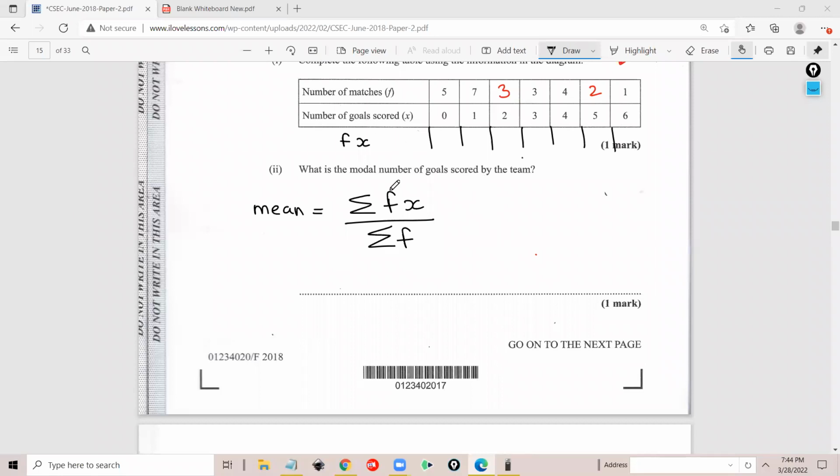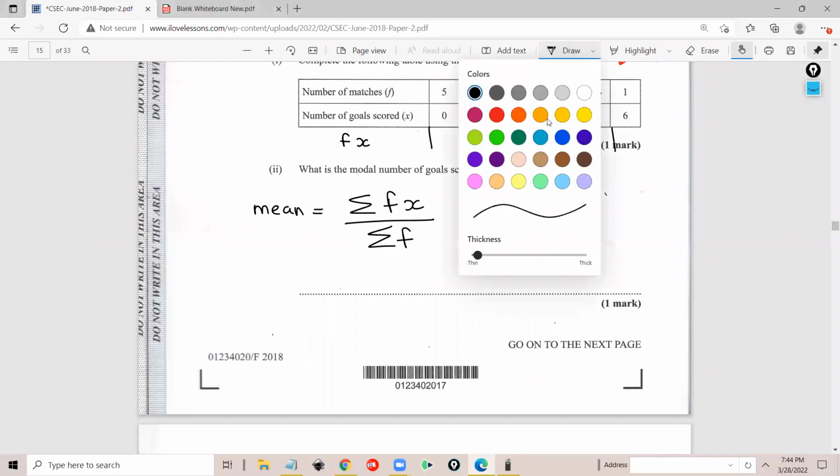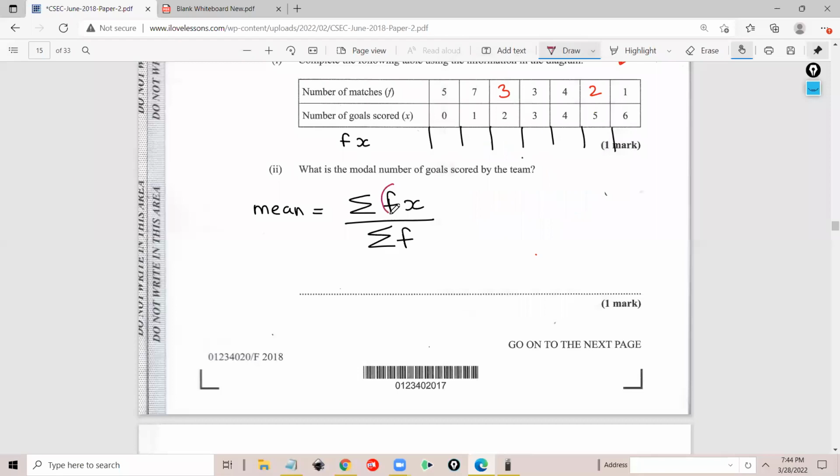All right, so according to the formula, we want to find fx. F multiplied by x, and then we have to sigma it, add it up. So 5 by 0 is 0, 7 by 1 is 7, 3 by 2 is 6, 3 by 3 is 9, 4 by 4 is 16, 2 by 5 is 10, 1 by 6 is 6.